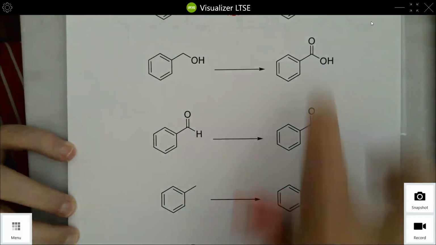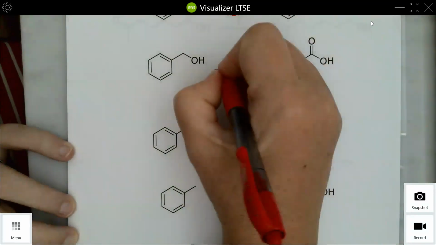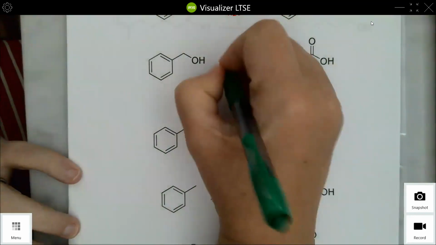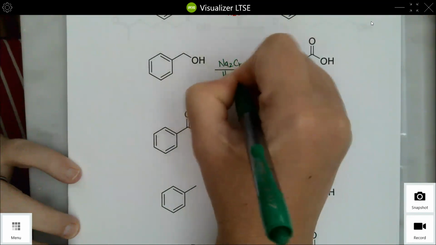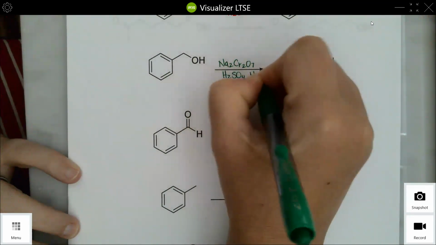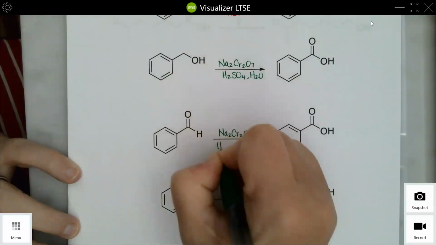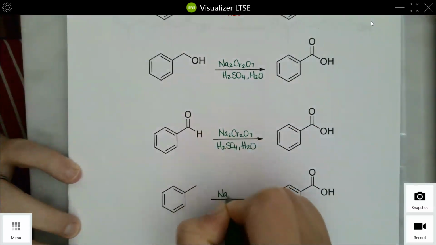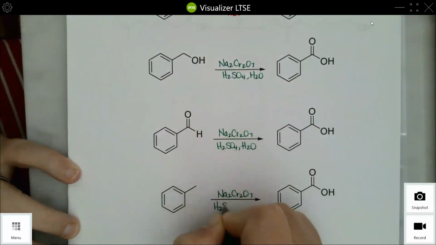In order to get to the carboxylic acid, we need to use sodium dichromate. So maybe even use a different color here. Na2Cr2O7, H2SO4, and water. So now we know which type of things we can oxidize at the benzylic position.